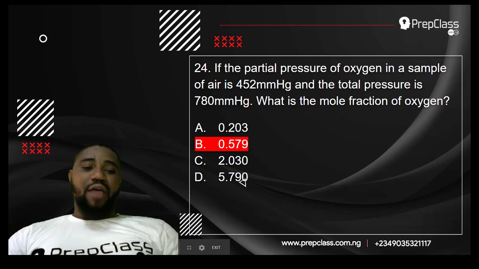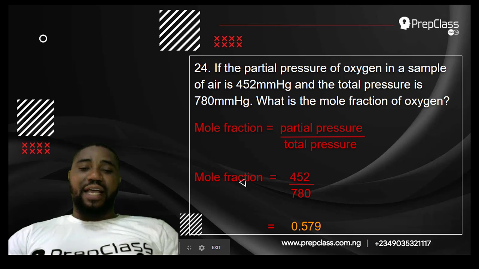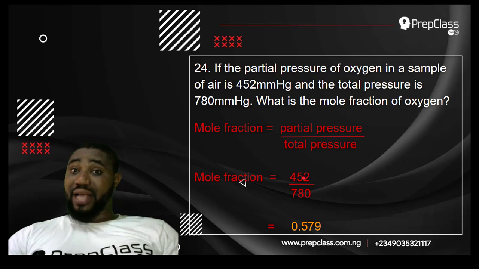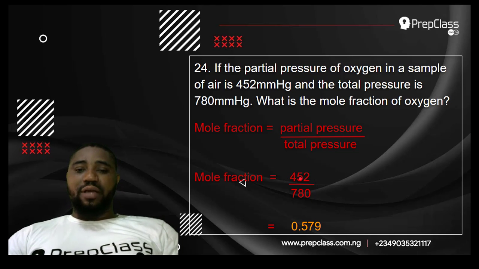0.579. Now, if you are not with a calculator in an exam, how do you do this? So what you can do is you convert both of them to the nearest whole number. So this one to the nearest whole number is 500, because this 5 here is 5 and above, so change it to 1 and add it here, 500.